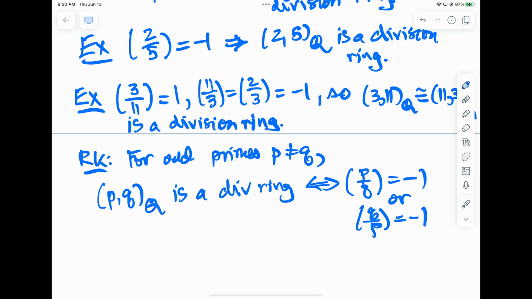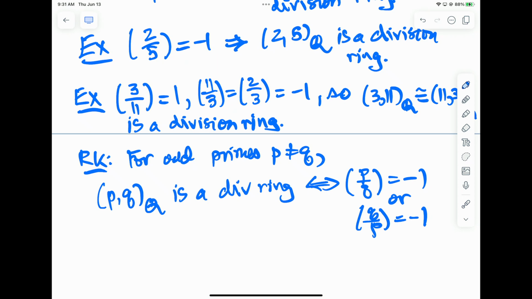Okay, so necessary and sufficient that one of them has to be -1. So it's not an accident in the second example that one of the symbols was 1, but the other is -1. It turned out to be a division ring, and it's always going to be what happens when you have, well, this is for 2 odd primes. At least one of those. Maybe both, but in any case, at least one of them.